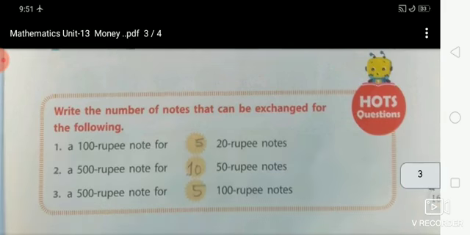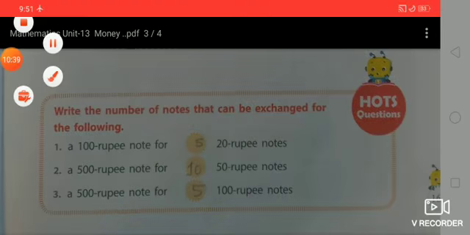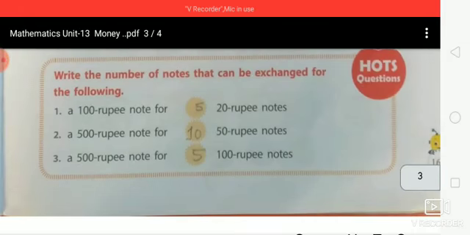Write the number of notes that can be exchanged for the following. First one, a 100 rupees note for 20 rupees notes. So 5 notes of 20 equal 100 rupees.